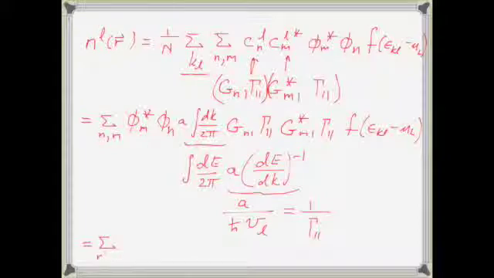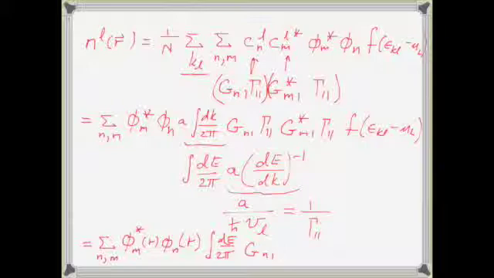sum over nm, these two wave functions, or orbitals, let me say orbitals, integral over energy G^r, I'll just leave off the superscript, G_n1 gamma_11 G star 1m F of E minus mu_L.